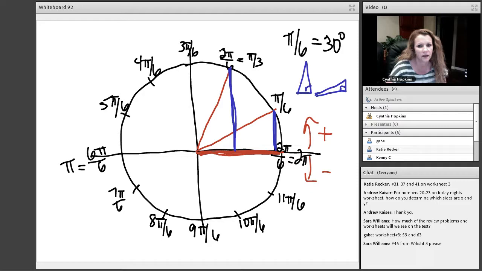This is not what a 30, 60, 90 looks like. What I'm trying to purposely draw is what I see a lot of students draw. Well, it sure looks like a 45, 45, 90. And how in the world are you going to know which one is your short leg and which one is your long leg if they look like they are congruent legs? So do not draw 30, 60, 90s that look like 45, 45, 90s.